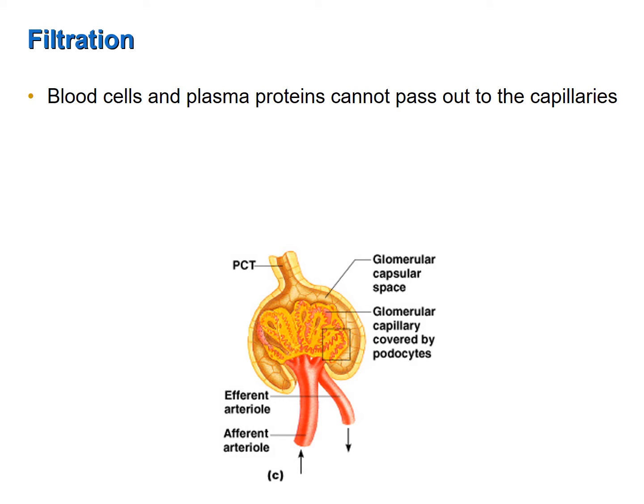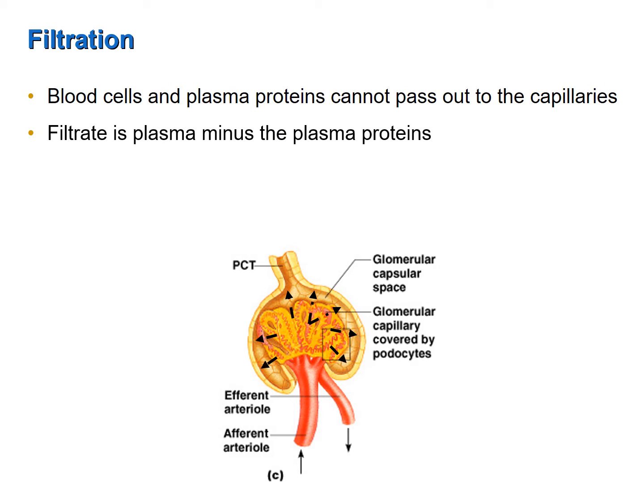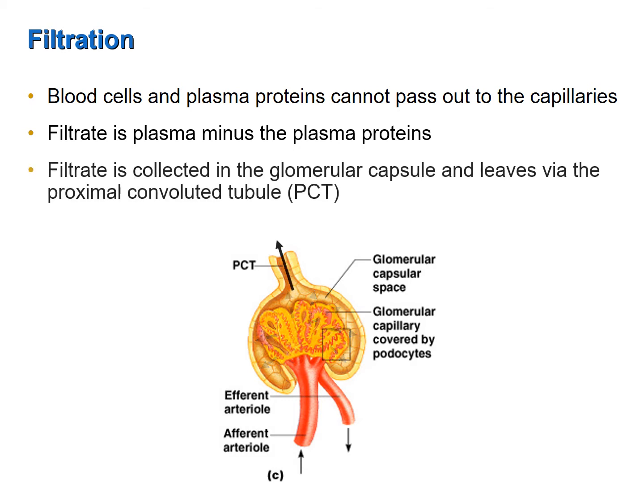Blood cells and plasma proteins are too large to cross the walls of the capillaries, so they do not pass into the glomerular capsule. So the filtrate that is formed in the glomerular capsule is basically the plasma portion of blood minus the plasma proteins.